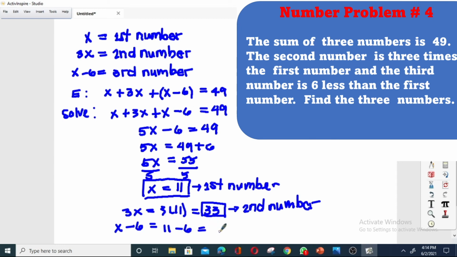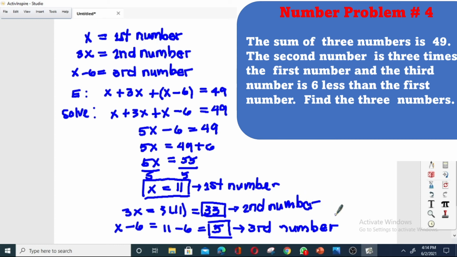The third number is 11 minus 6, which is 5. So this will be the third number. Alright, so those are the correct answers: first, second, and third numbers.